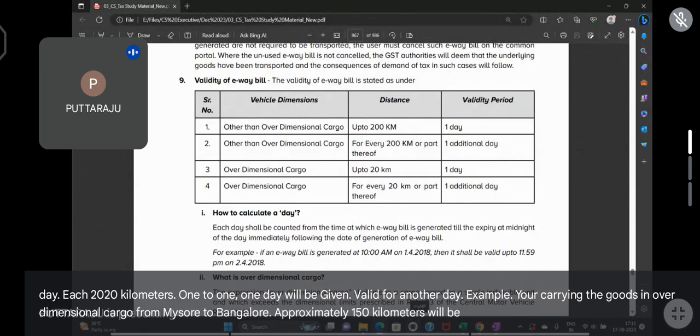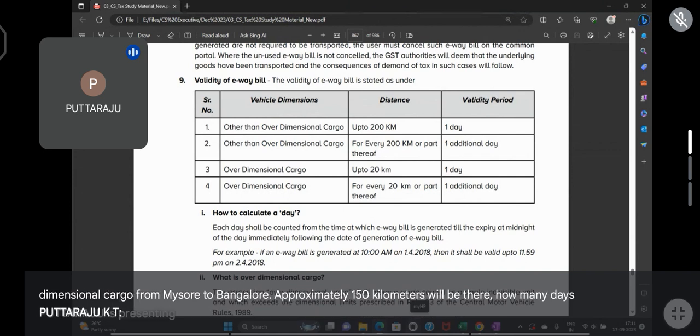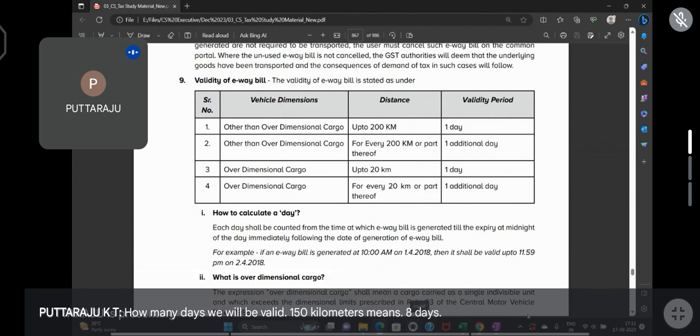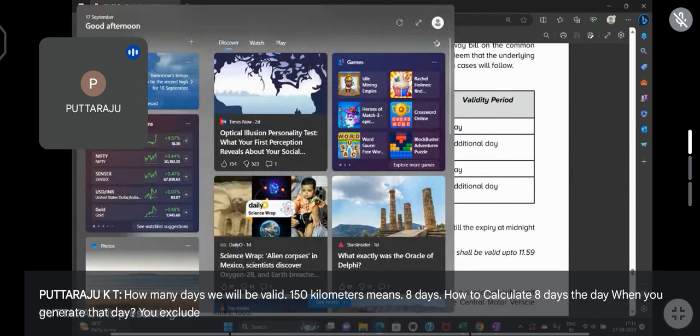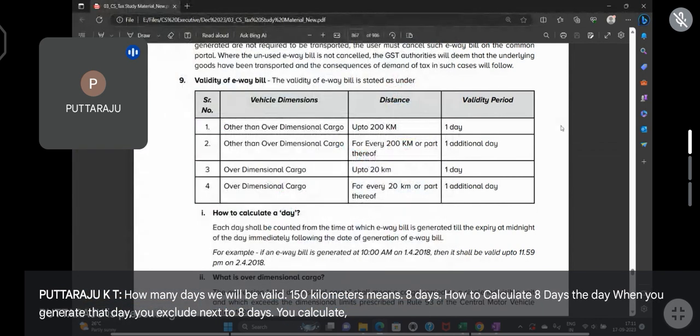How many days will the e-way bill be valid? 150 kilometers means 8 days. How to calculate 8 days? The day when you generate is excluded, and you count the next 8 days. Understood? Like that.